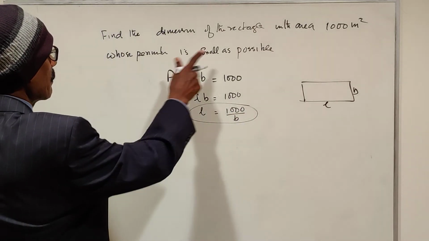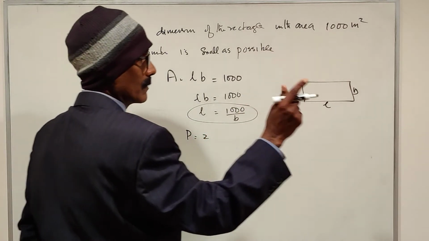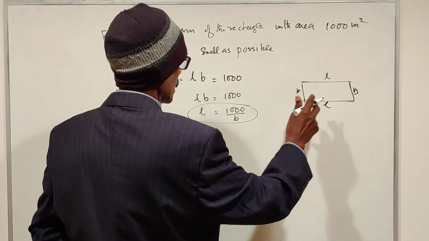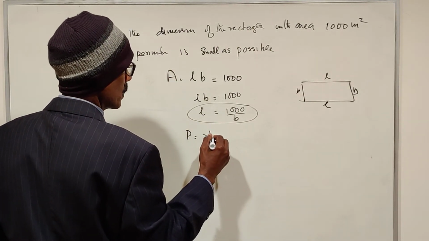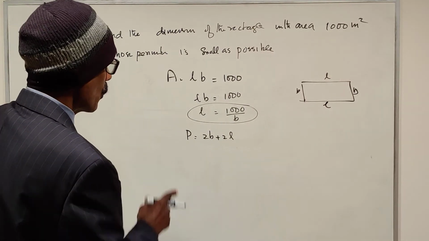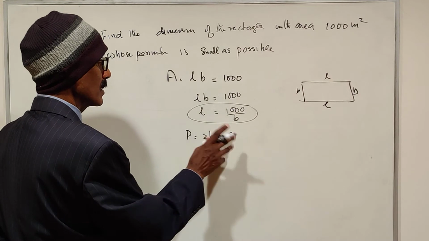So what is the perimeter? Last time I told you, 2L plus 2B, both are same. So here, how many variables? Perimeter, breadth, length, 3 variables.